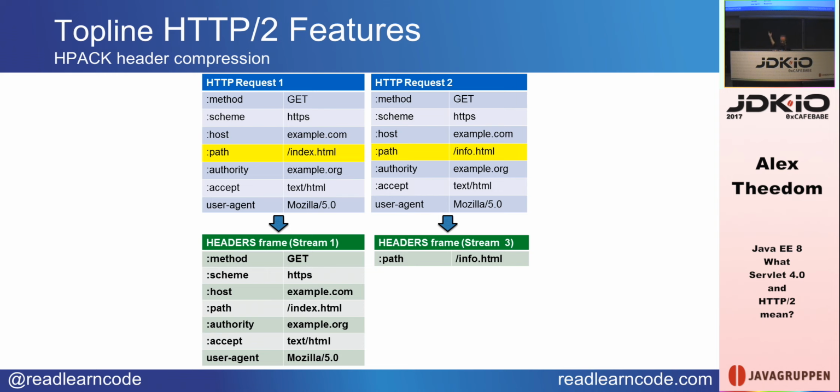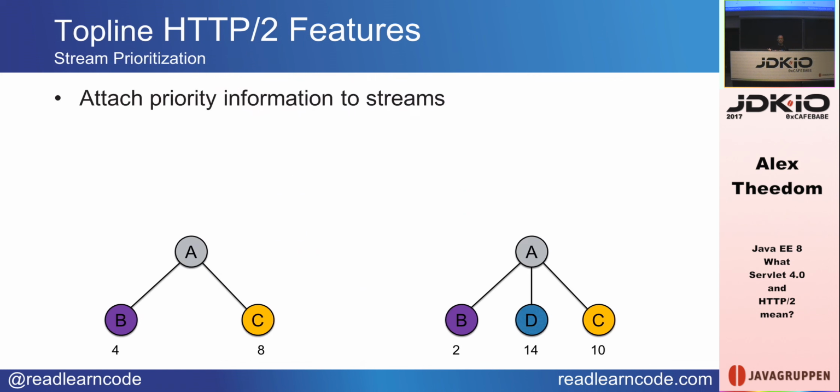And therefore, in this second headers frame here, it knows that the method is GET because the previous one was GET. It knows the scheme is HTTPS because the previous one was HTTPS, and so on and so forth. So this is HPACK, and it compresses the header by reducing duplication between requests and responses. And that actually saves quite a lot of resources going backwards and forwards, and makes the header frames much smaller.